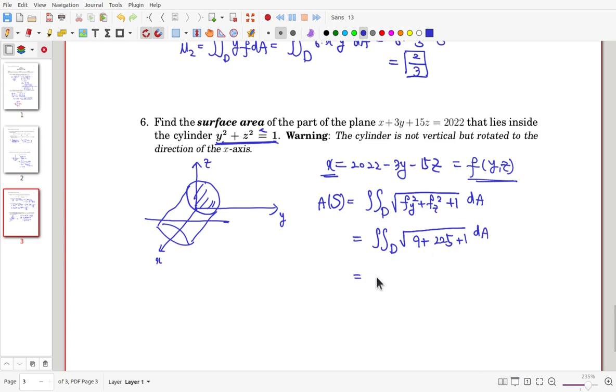This one is the square root of 235, a constant, which can go out, times the integral over D of dA. This is the region, the circle of radius 1, so the area of region D must be pi, because it's a disk of radius 1. So the square root of 235 times pi, right? That's the final answer.